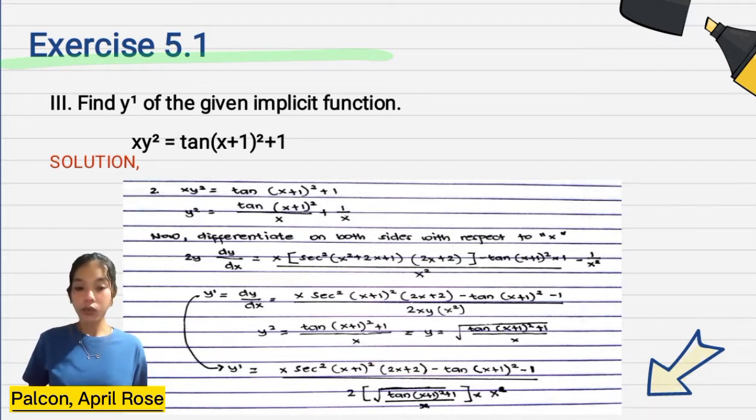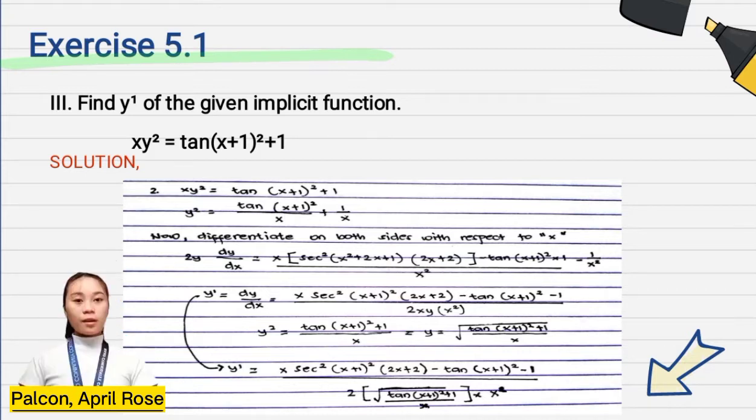So, the y prime of the given implicit function is y prime equals [x sec squared times (x plus 1) squared times (2x plus 2) minus ((tan x plus 1) squared minus 1)] over 2 times the square root of (((tan x plus 1) squared plus 1) over x) times x squared.